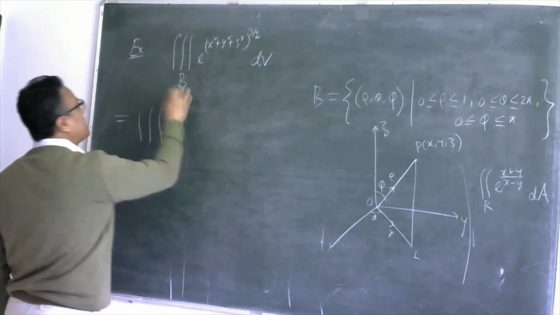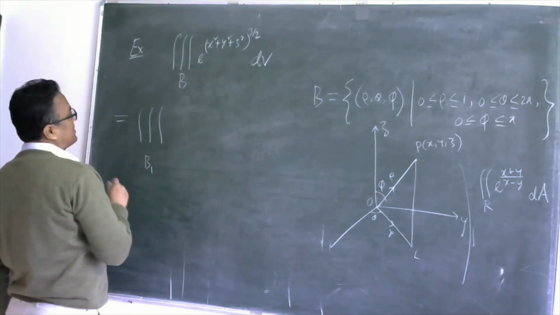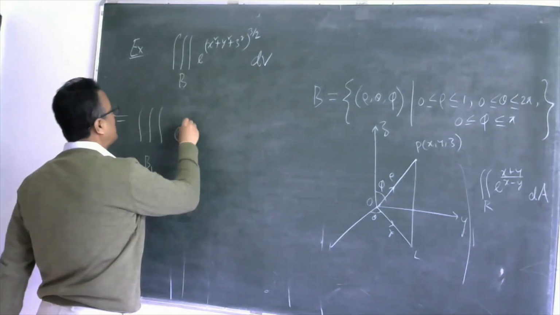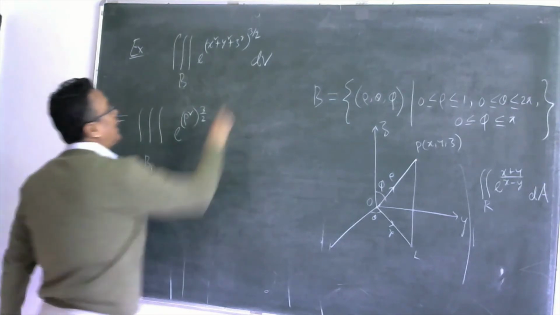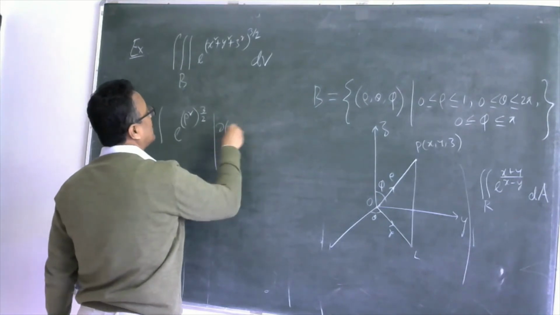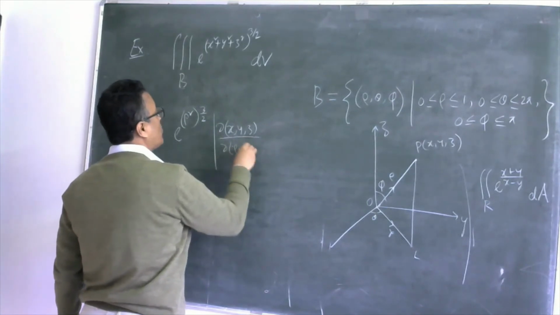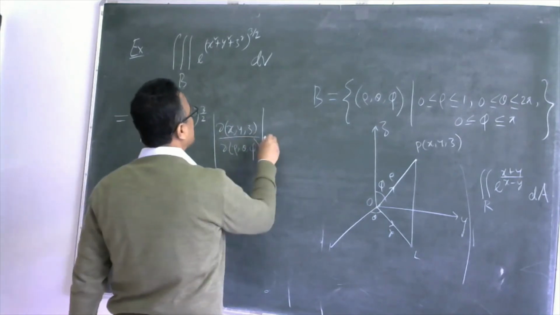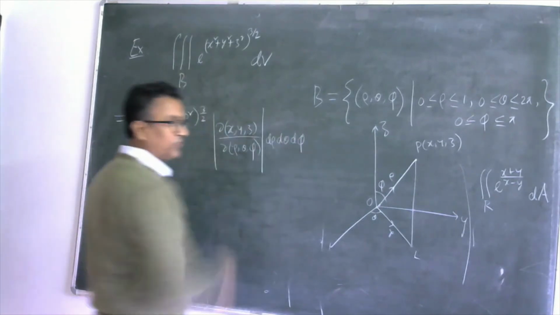If the transformed region is called B1, then the integrand becomes x squared plus y squared plus z squared as given, and instead of dV I get the absolute value of the Jacobian of xyz with respect to rho theta phi, and then simply d rho d theta d phi.